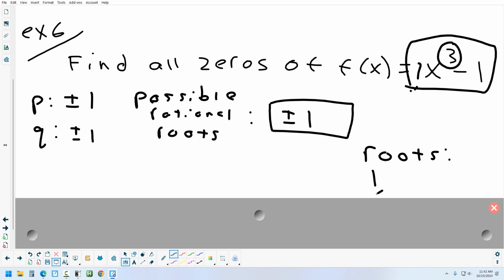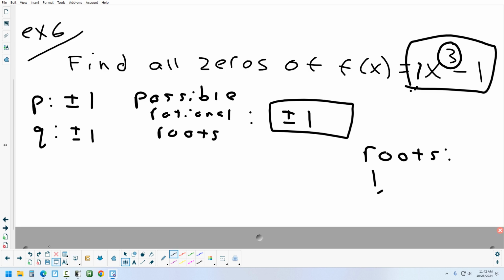What am I going to do with the 1 now? Yeah? I forgot what it's called when you put it in the kind of half box. Synthetic division, yeah. That's what it is. So now that we know 1 is a root, we're going to divide through by the factor that gives you that root. That's going to turn the cubic into a quadratic. So let's divide through. We're basically going to divide that problem by x minus 1.